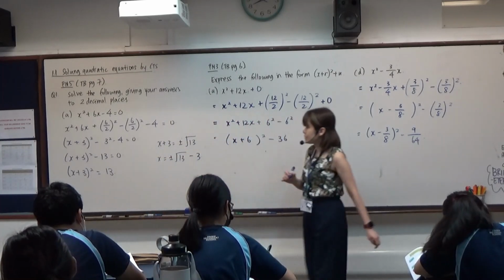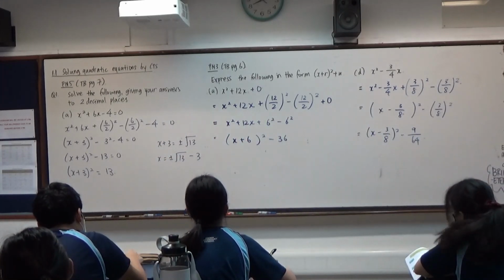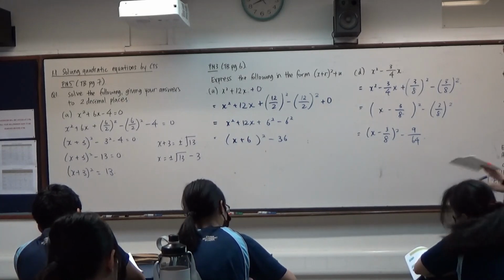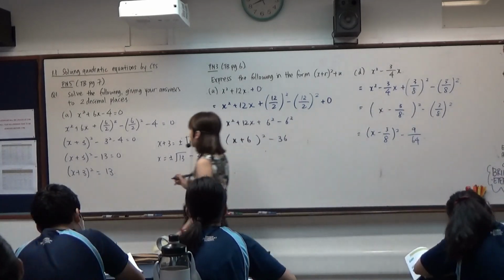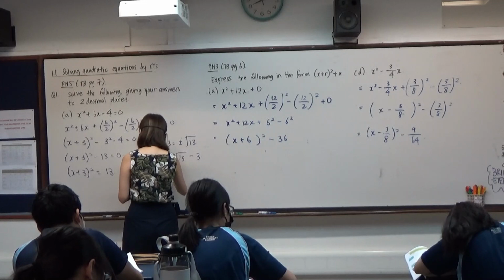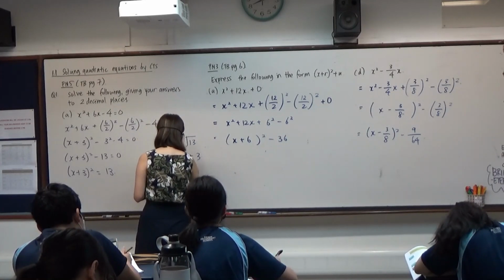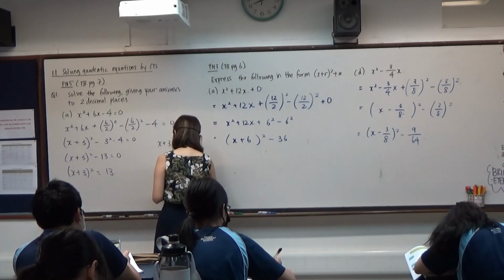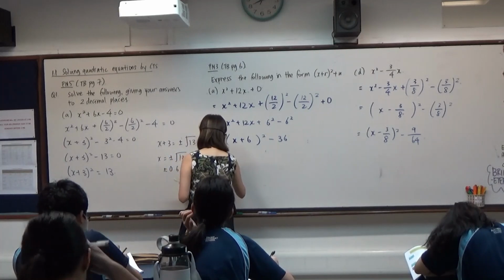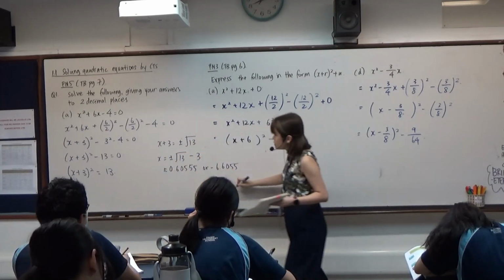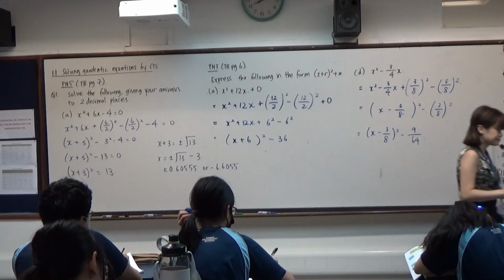So we get plus minus root 13 minus 3. We need our answer in 2 decimal places as per the requirement of this question. So we use the calculator to help us.